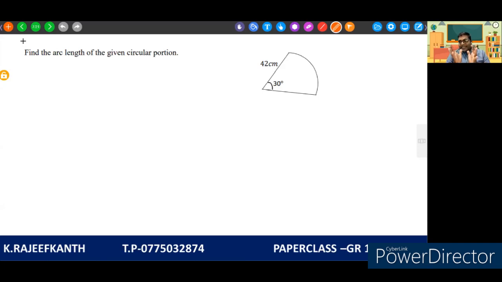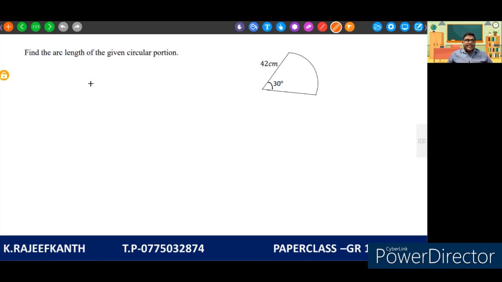If the center angle is theta and the radius of that sector is r, then theta over 360 times 2 pi r is the arc length, right? That means center angle over 360 degrees times 2 pi r.